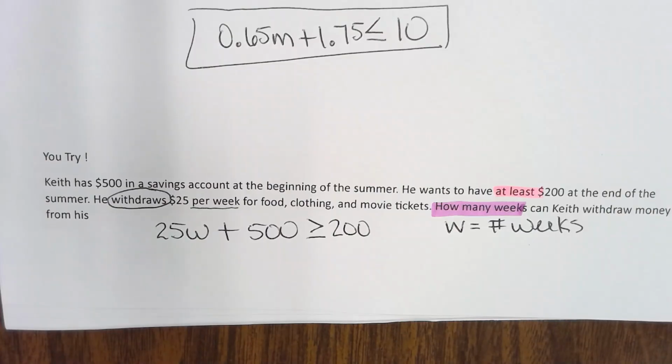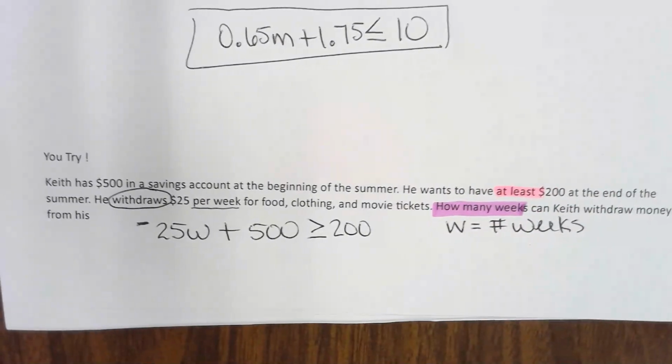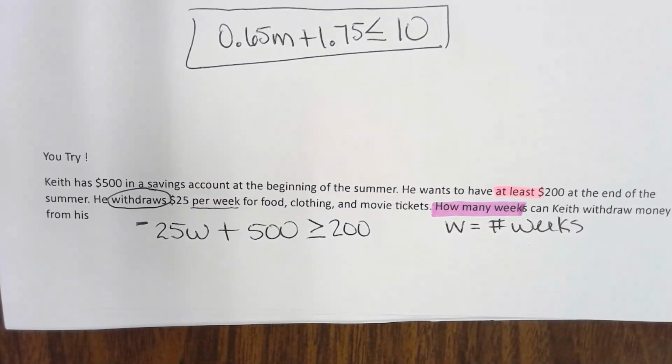Yeah, it needs to be negative 25. Because, y'all, we start with 500, and then what's happening? We're taking away $25 a week. So the negative needs to go on the 25.